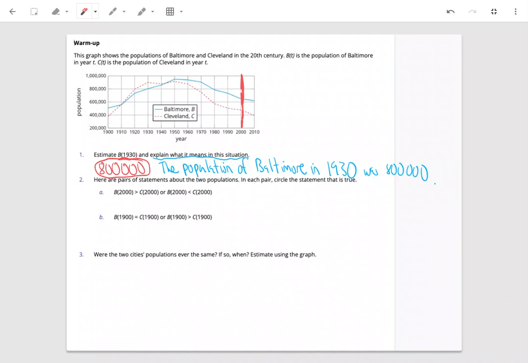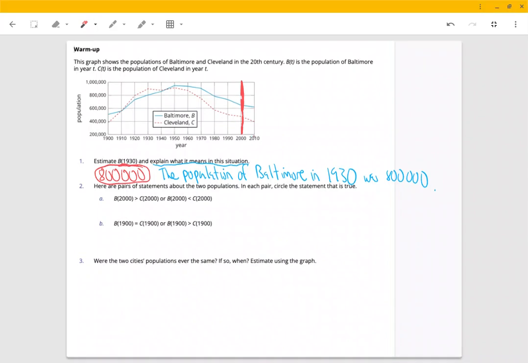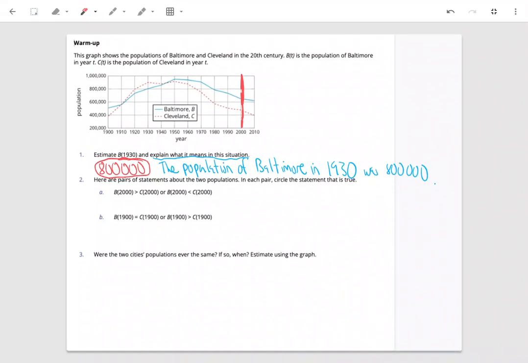And we can clearly see the blue curve, which is Baltimore, is greater than the dashed curve, which is Cleveland. This is higher than this. So Baltimore in the year 2000 is greater than Cleveland in the year 2000. So we're looking for the one with greater than. That's going to be this statement right here.